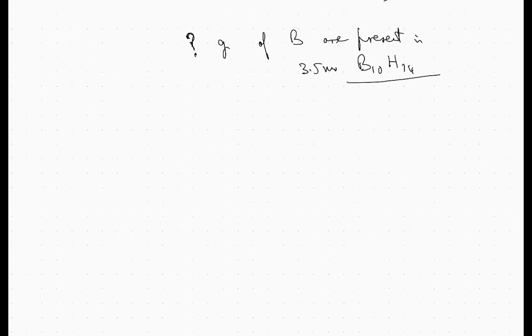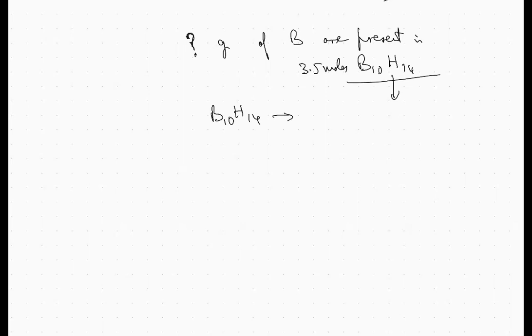They're not asking the moles. Because they're asking grams, if you take 1 mole of B10H14, how many grams of boron are there? We can just say grams, that's easy.